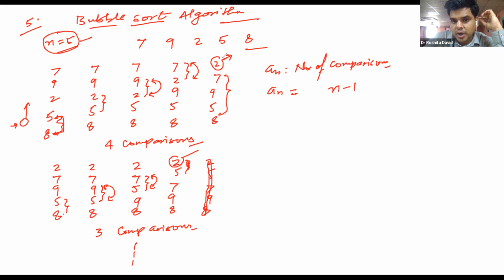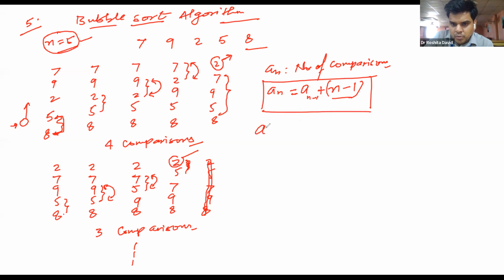After sorting this one, n minus 1 will remain, so a_(n-1) comparisons will be required. So what's going to be the recurrence relation? a_n = a_(n-1) + n - 1. N minus 1 for this smallest one to go up, and a_(n-1) for the remaining to be sorted. So this is going to be the recurrence relation.